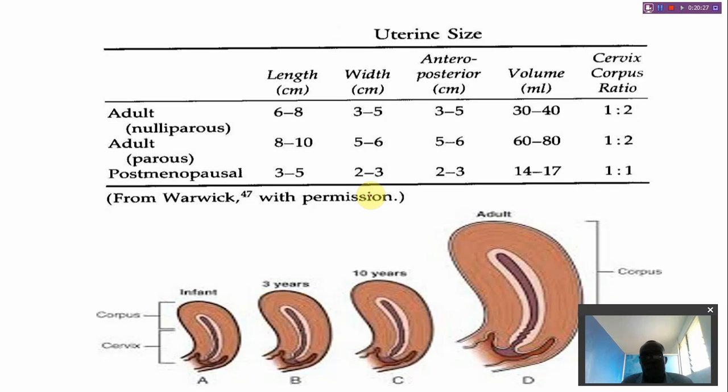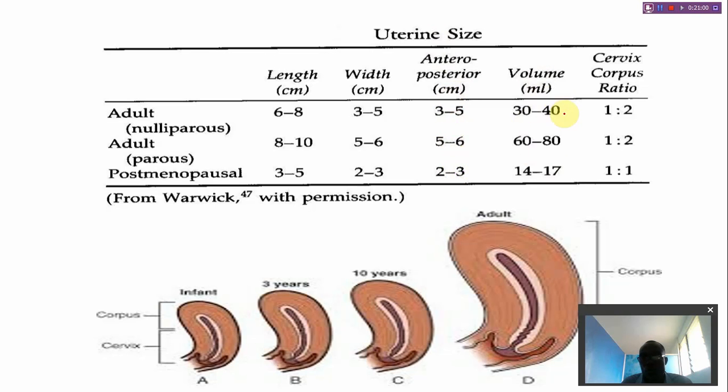These are sizes of the uterus at different stages in life. We have adults, those who have not gotten pregnant before and those who have gotten pregnant before, so the nulliparous and the parous uterus. We also look at the postmenopausal uterus, the length, the width, and the height, or the anteroposterior dimension.